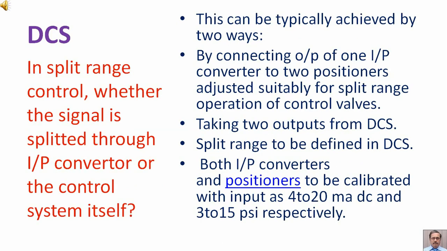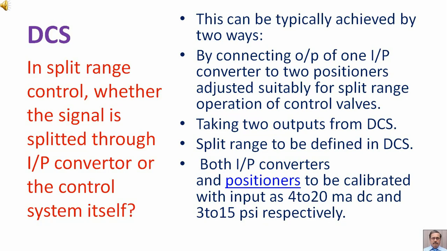Question: In split range control, is the signal split through an IP converter or by the control system itself? Answer: This can typically be achieved in two ways: by connecting the output of one IP converter to two positioners adjusted suitably for split range operation of control valves, or by taking two outputs from the DCS.